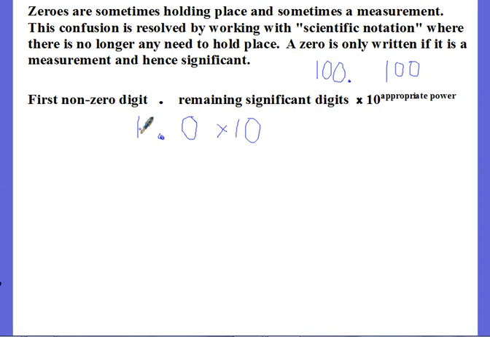It's supposed to mean 100s, so you make this be times 10 squared. Scientific notation. Okay.